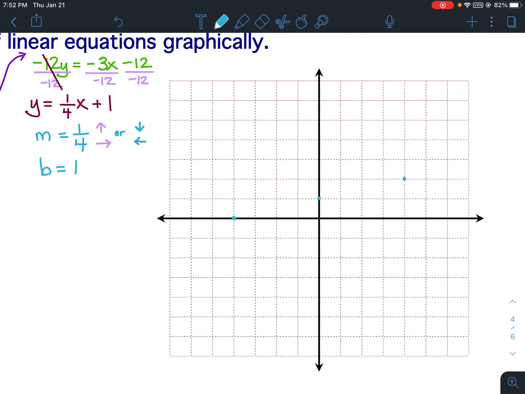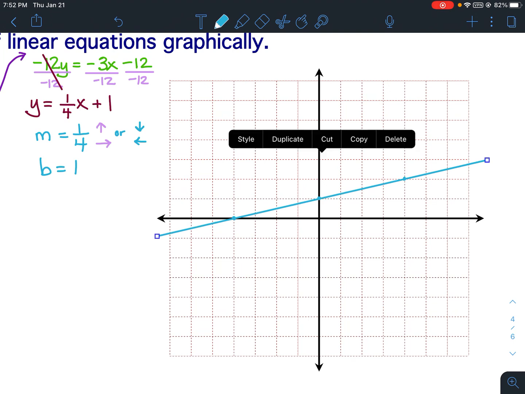Put a point. Put arrows at the ends, and we're going to label that 4a.